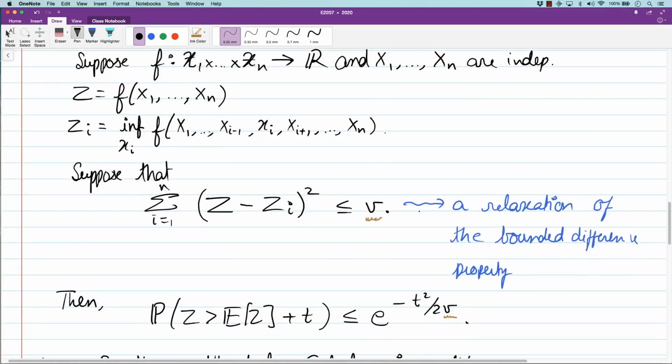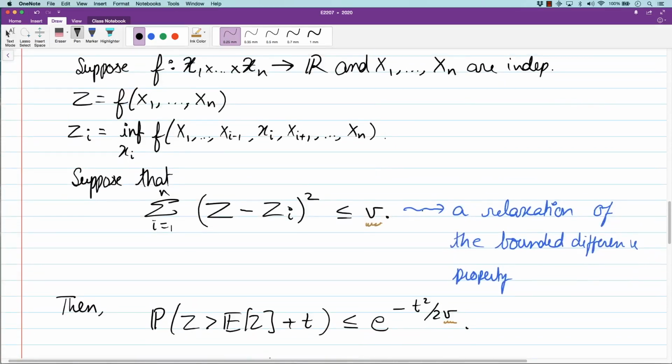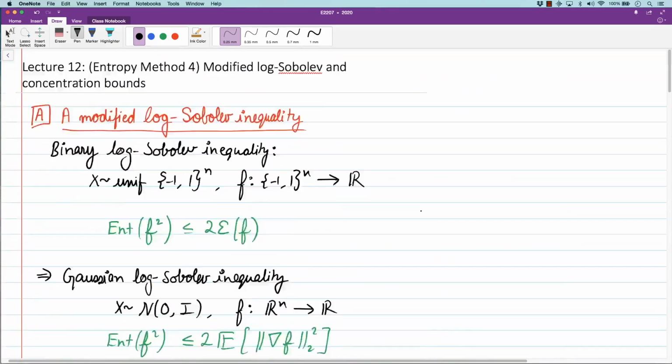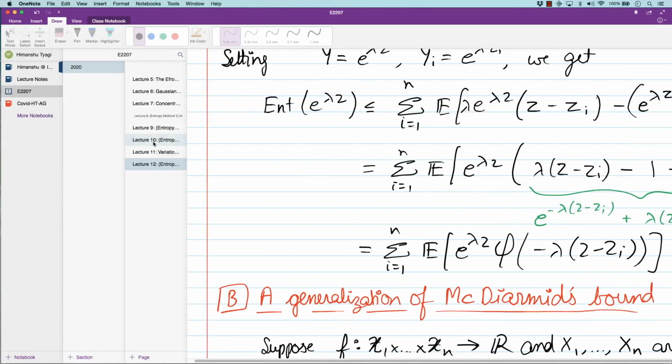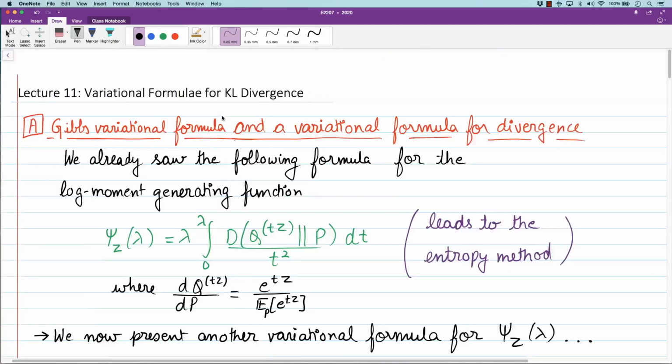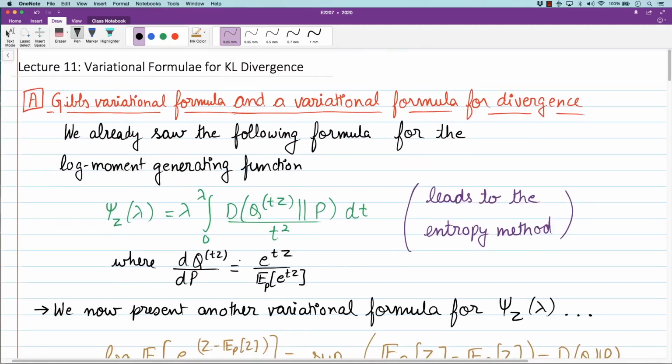Now, the main important thing here is this whole recipe. We observed this very nice formula for the log moment generating function. That's where this entire thing started. It follows that if we bound this quantity by a constant, then that gives us a sub-Gaussian bound for the log moment generating function.